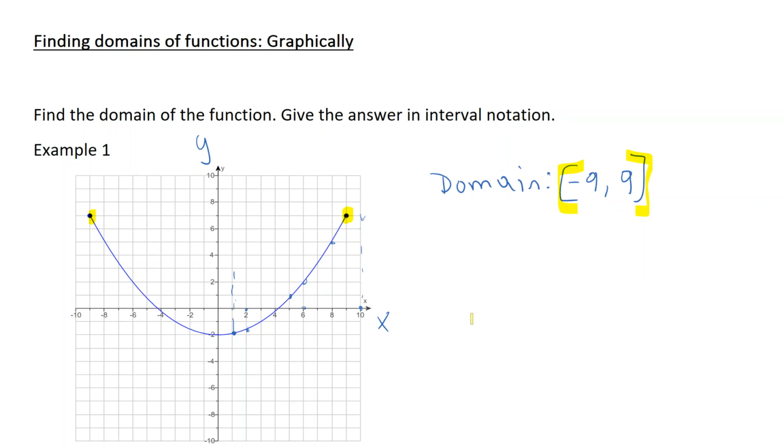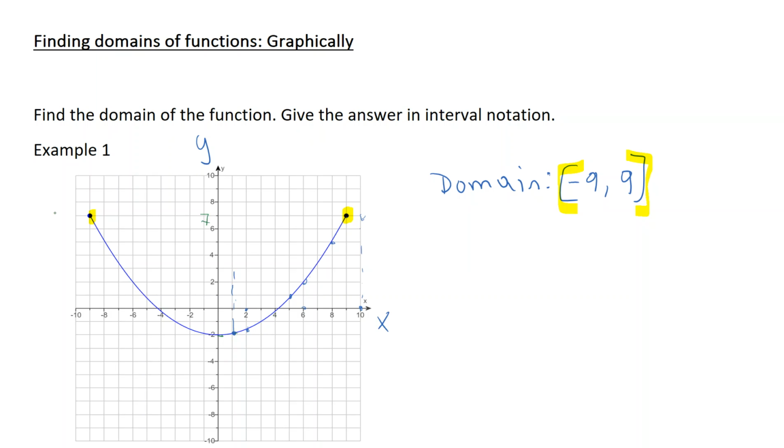Now the range is the y values. So basically I have y values starting at -2, and then the y values increase until they reach, what is here, 7.